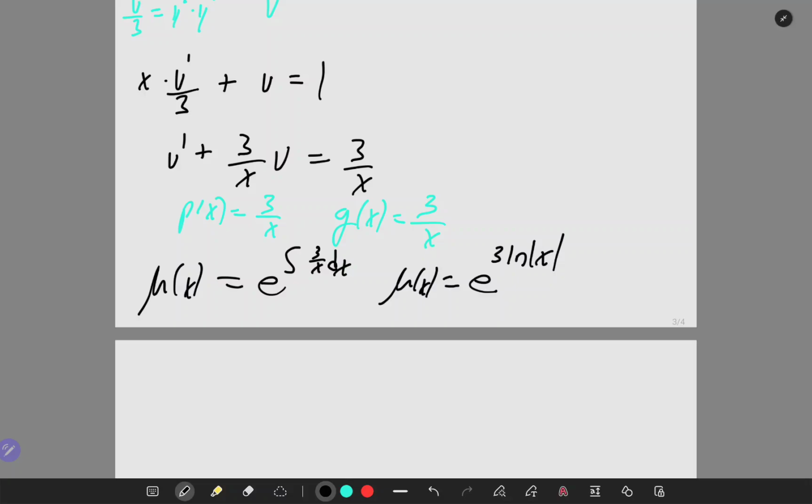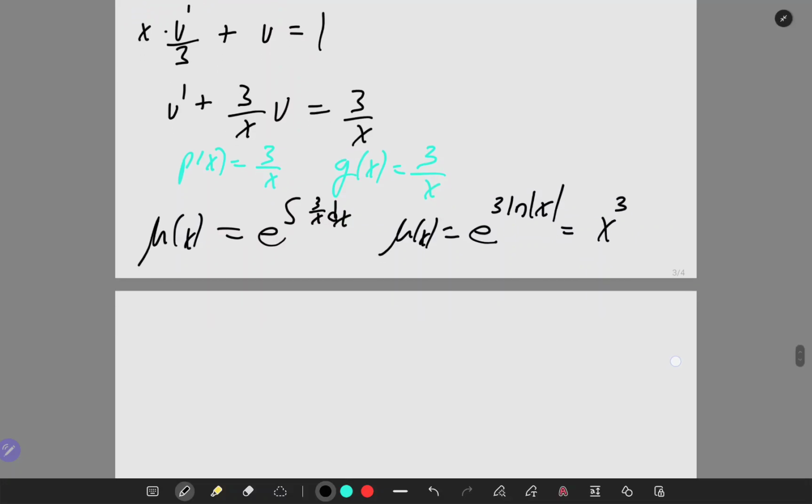And that is just equal to x cubed. Remember, the coefficient goes into the exponent of the inside of the log. And whenever we exponentiate a log, it just becomes whatever is on the inside. So we have x cubed.